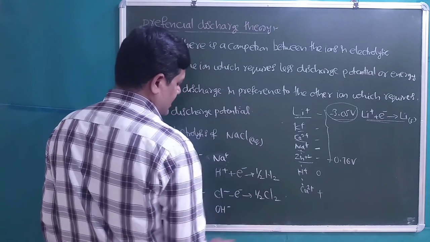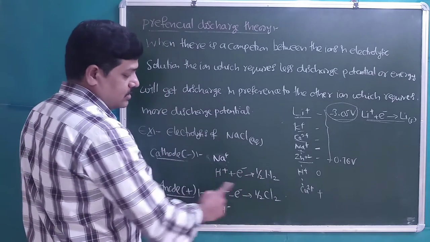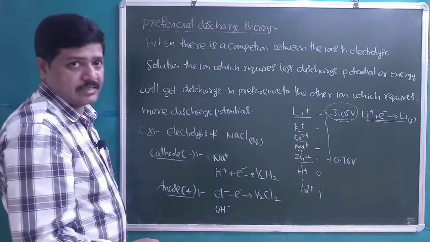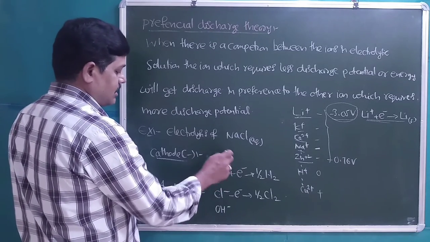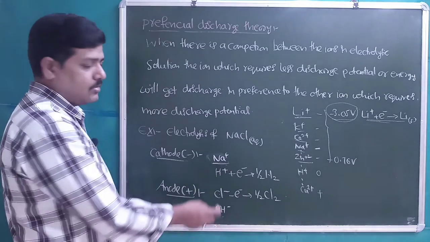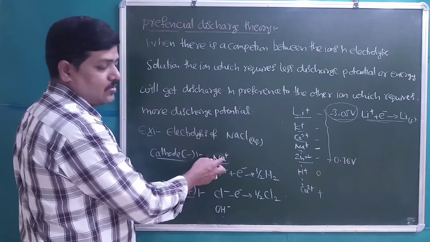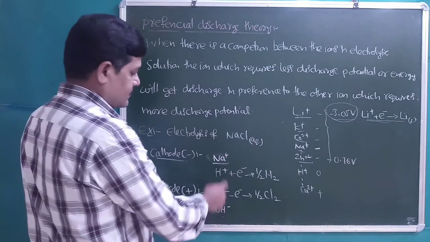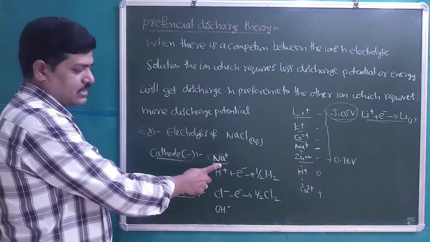The products are H2 gas at the cathode and Cl2 gas at the anode, right? So the solution becomes rich in Na+ and OH-. If we do crystallization after the electrolysis, we will get crystals of NaOH. This method can be used for the preparation of sodium hydroxide.